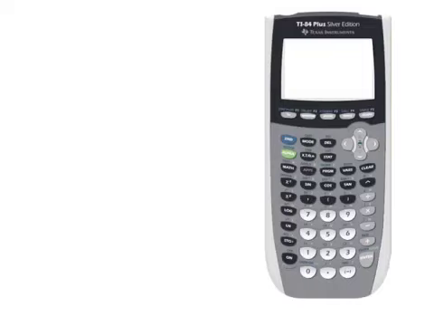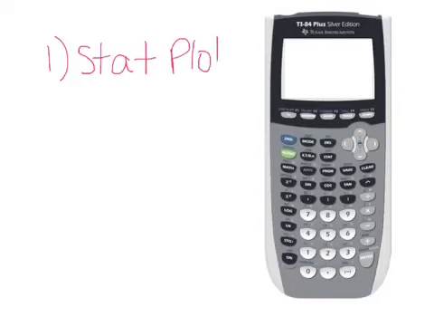In order to construct a scatter plot, we are going to go to our stat plot. So step 1 at this point, after we've entered our data, we want to go to our stat plot, which is right here above the y equals sign, so you have to press the second button first, then y equals to get to your stat plot.